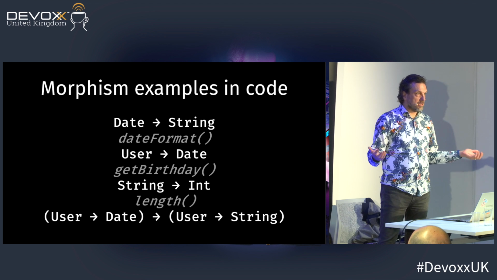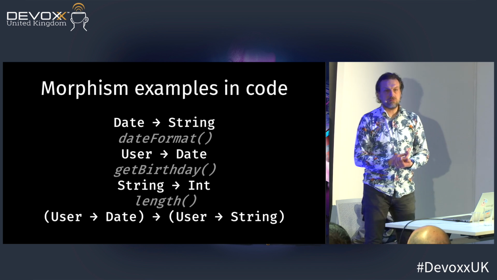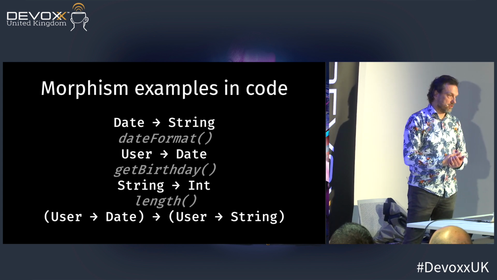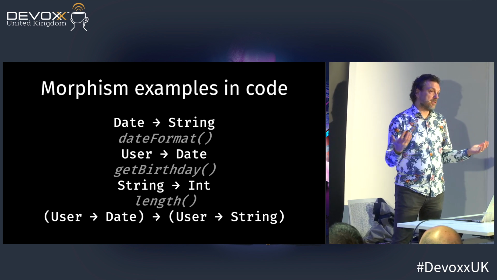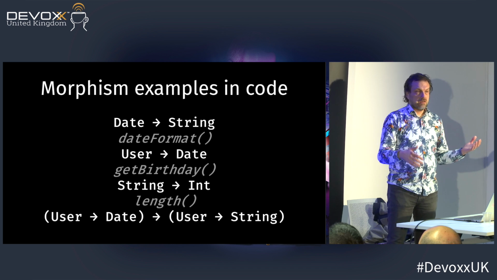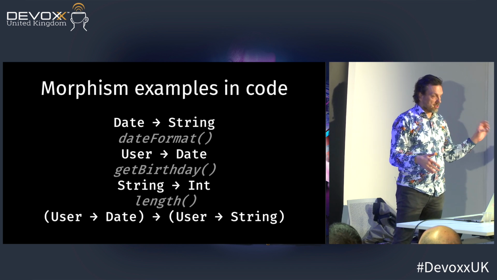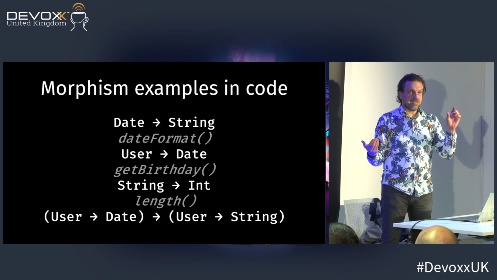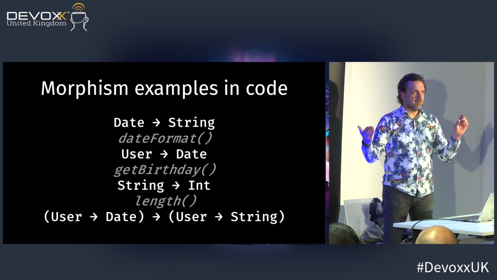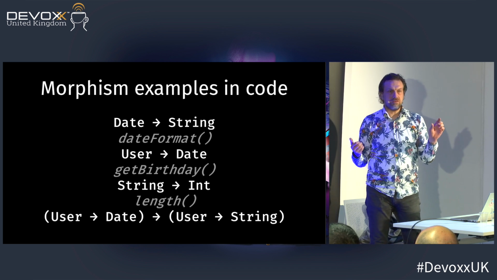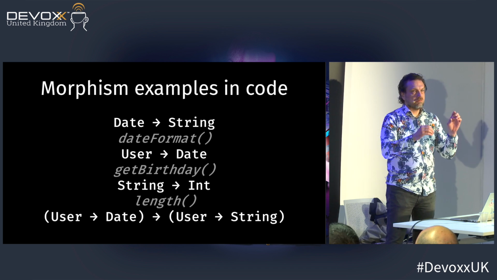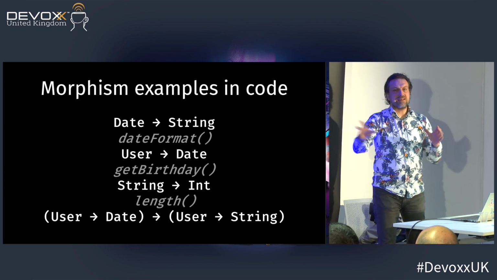And you can see any normal function that we use in Java can perfectly be a morphism. The important part is that it must be pure. So if we call a string and then length, we are sure that if the string is hello, the length will always be 5. Always be 5. There is no way that, I don't know, there is a configuration, so hello will be 7.